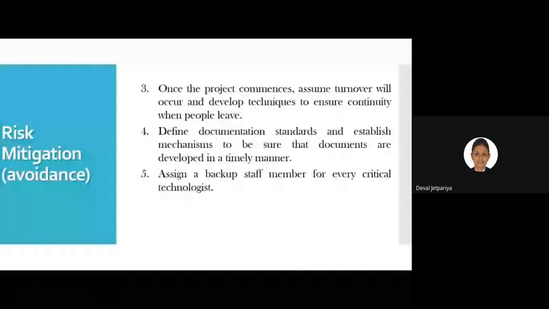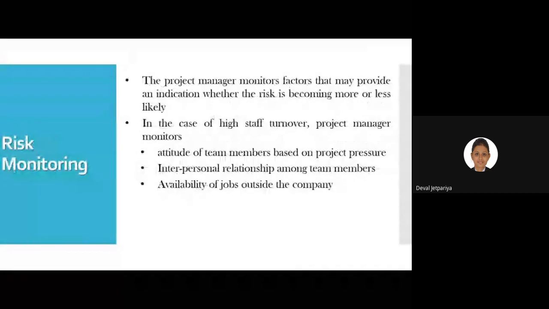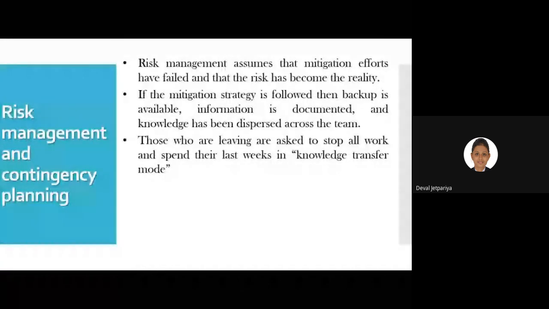The next is monitoring. In monitoring, the project manager monitors factors that may provide an indication of whether the risk is becoming more or less likely. Fine. So you are just required to remember this one line for each: avoiding, monitoring, and the last one is management and contingency planning.